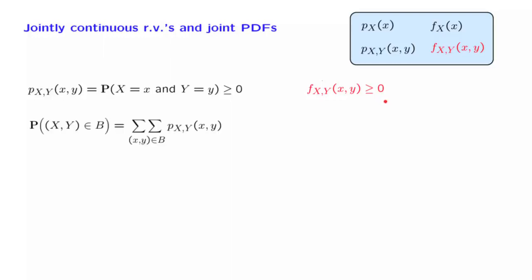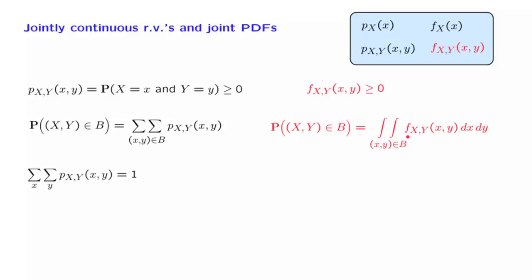In the discrete setting, the probability that the pair of random variables falls inside a certain set is just the sum of the probabilities of all the possible pairs inside that particular set. For the continuous case, we introduce an analogous formula. We use the joint density instead of the joint PMF, and instead of having a summation, we now integrate. As in the discrete setting, we have one total unit of probability.